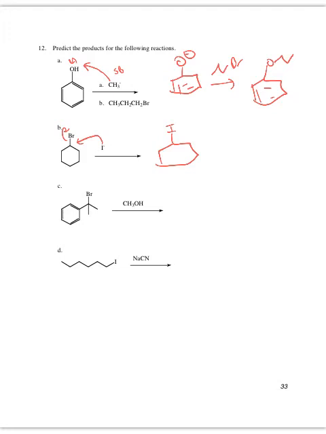And the second one, we can draw it as an SN2, where we get the iodocyclohexane. The third one, we're going to kick off the bromine to form the cation. Methanol adds in to form the protonated ether. And then, whoops, not water, methanol will come in to grab our extra hydrogen to get us to our compound.